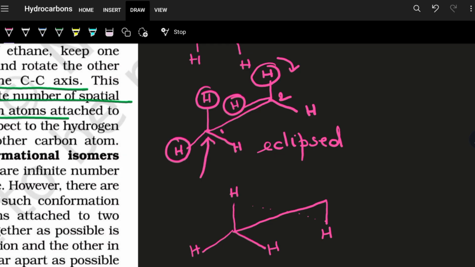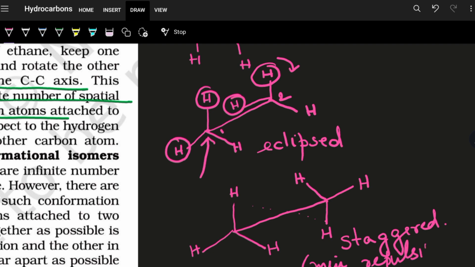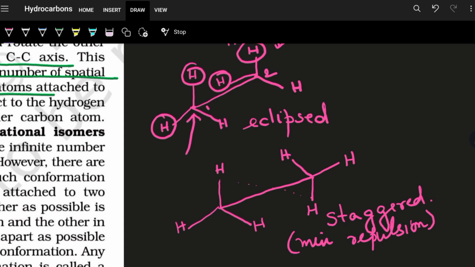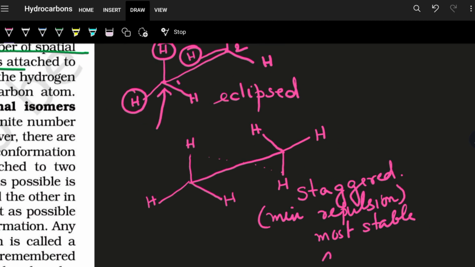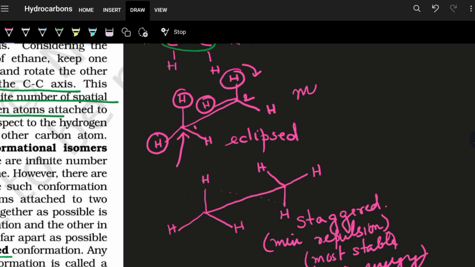This type of arrangement is known as the staggered arrangement, where the angular repulsion is considered to be minimum. So this staggered conformation is considered the most stable conformation, having minimum energy, because stability is more, so energy is less. In the eclipsed form we have maximum repulsion because of the closer dihedral or torsional angle.